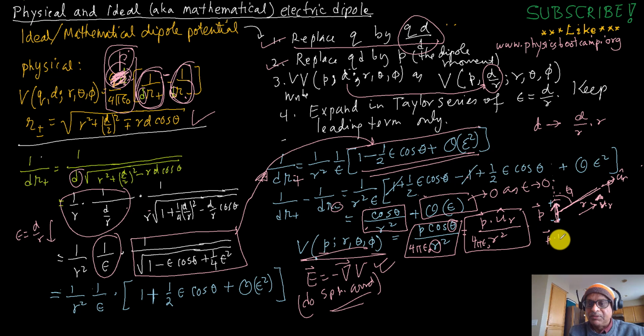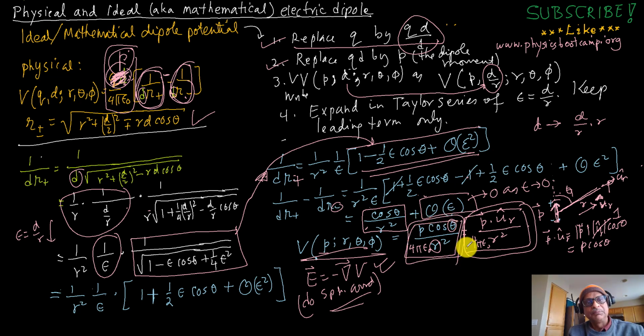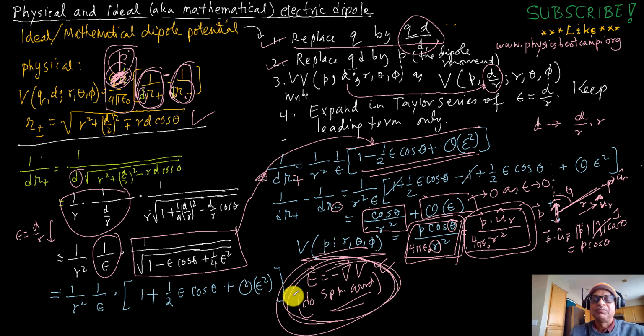You can see P dot u hat r is simply the magnitude of P times the magnitude of u hat r times the cosine of the angle theta, and u hat r has magnitude 1, so this is just p cosine theta. Sometimes people write it in an abstract way, but this is sufficient for our problem here. And with this derivative taking, you should be able to complete this problem. Okay.